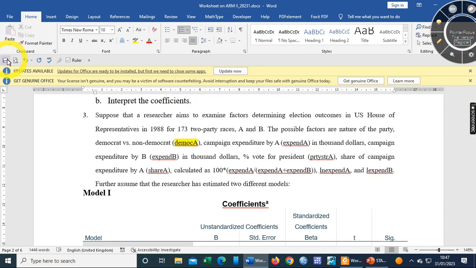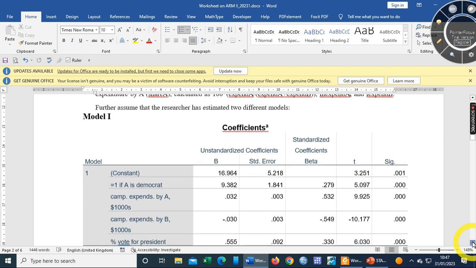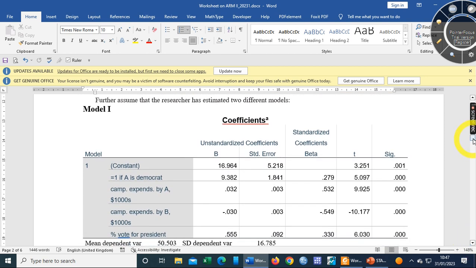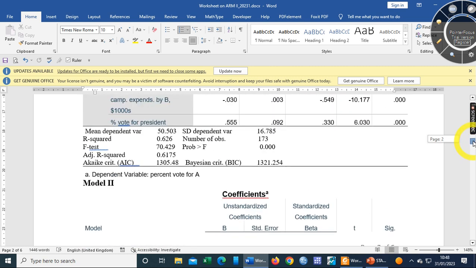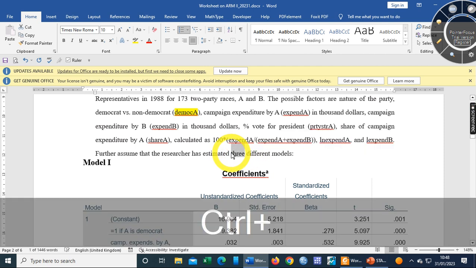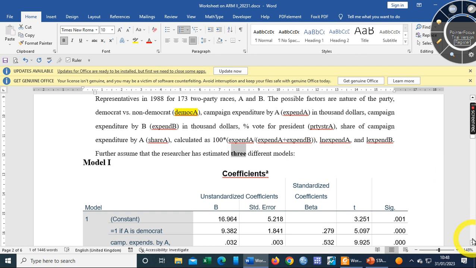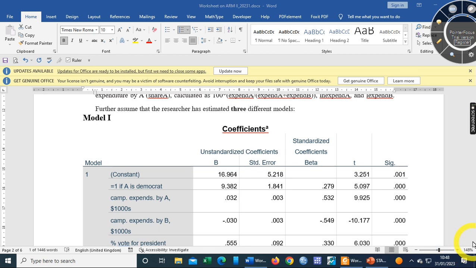And in this research, the researcher estimated 3 different models. The first model is here.